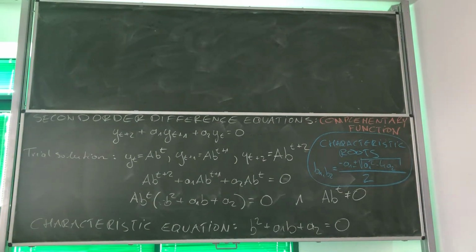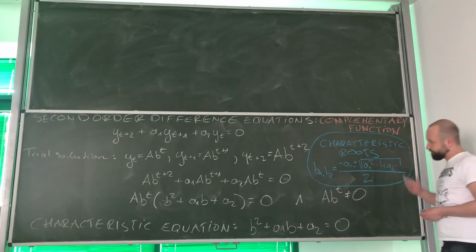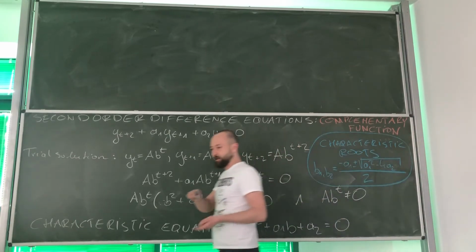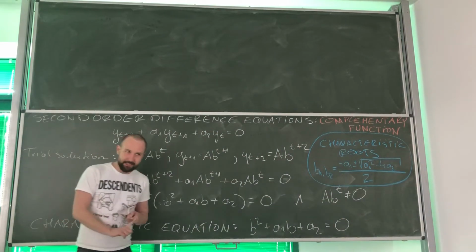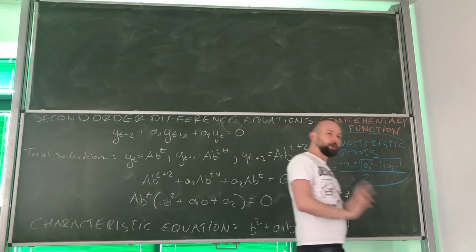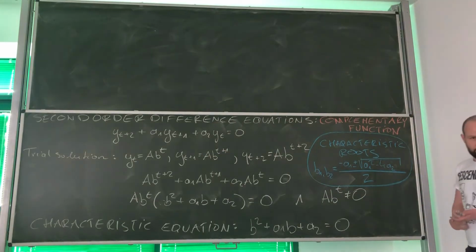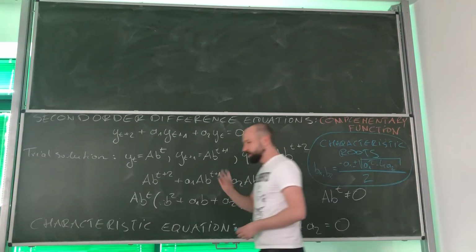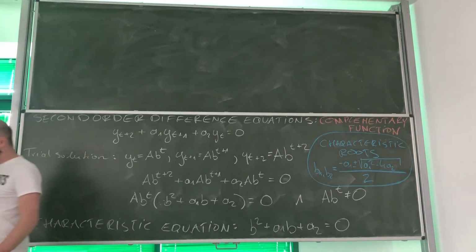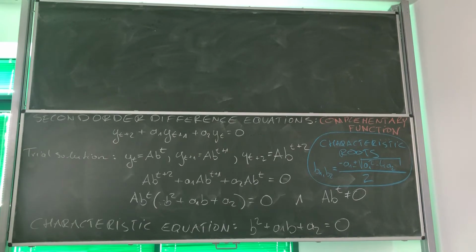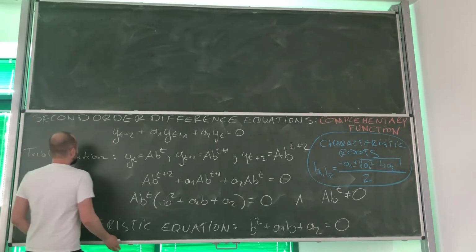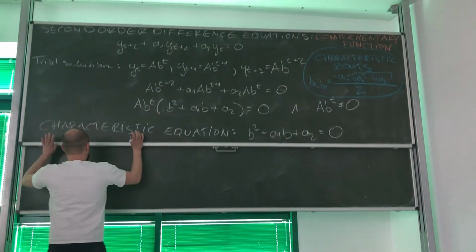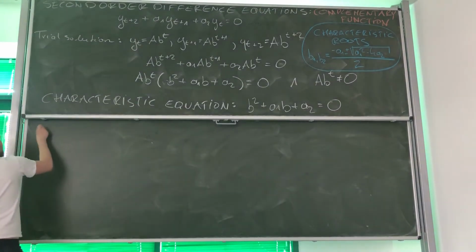The three cases, of course, are the case of real distinct roots, real repeated roots, and complex roots. Because in case of complex roots, we will have to use here a new trick. For now, let's focus our attention on case number 1.